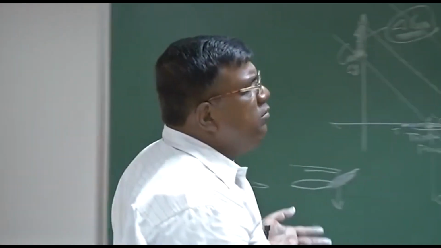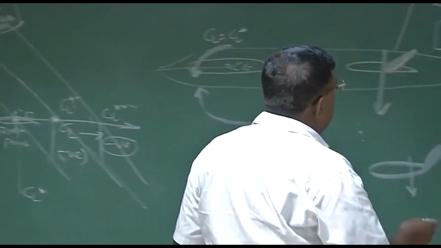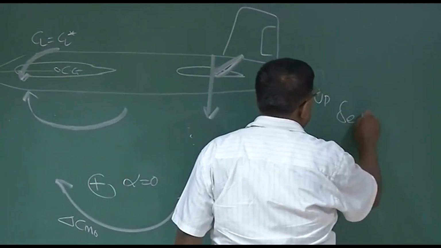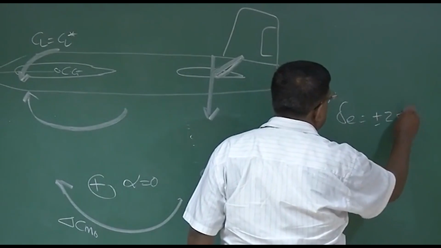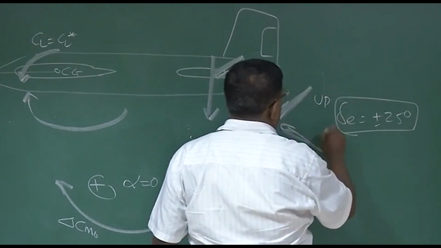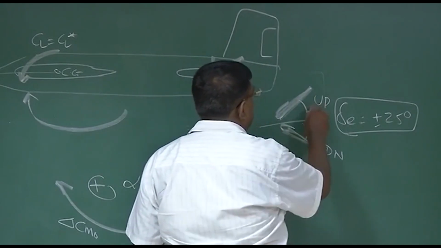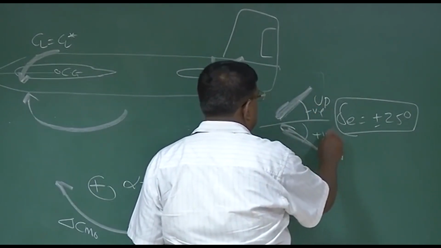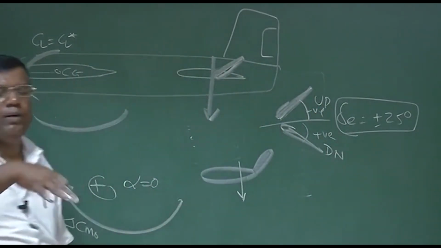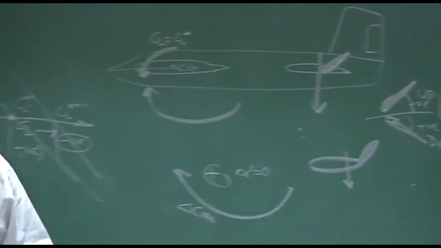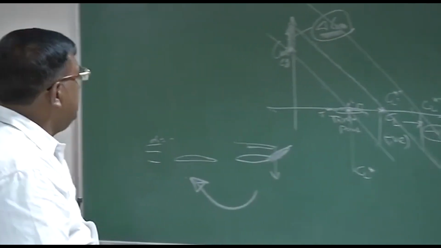So there is a restriction. In general, 25 degree plus minus is good enough. 25 degree plus minus means delta E plus minus 25 degree, plus is down and negative is up. This is negative and this is plus, positive. So plus minus 25 degree is a good assumption that flow will not separate.